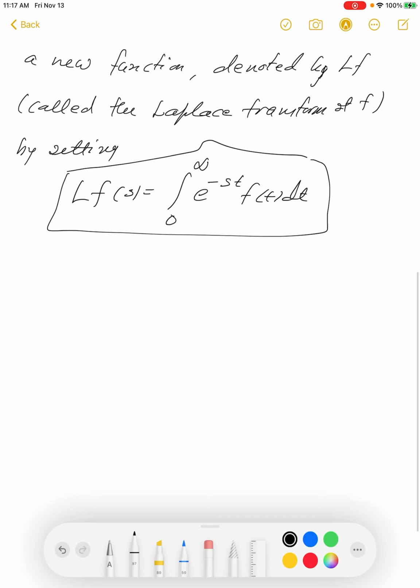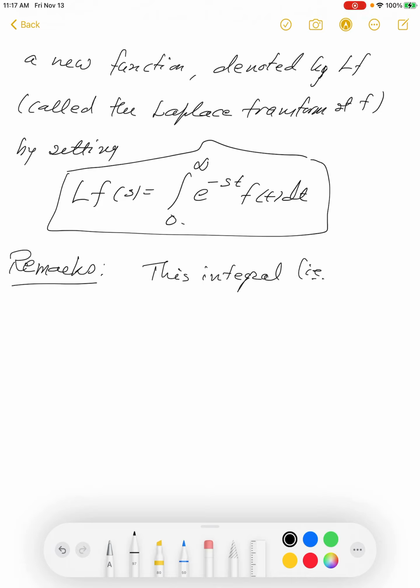A few comments on this. Some remarks. First of all, I want to quickly revise the definition of improper integral. This is an improper integral.